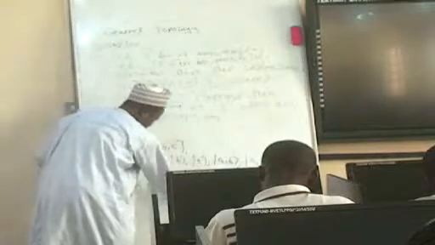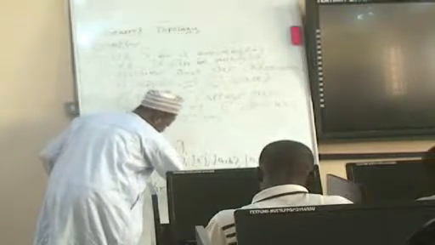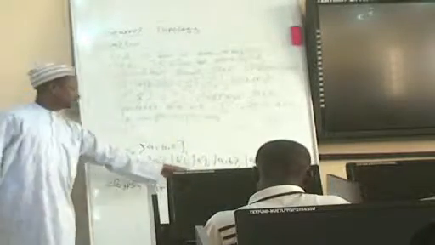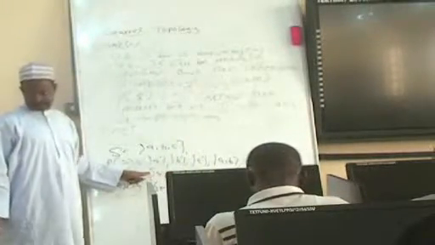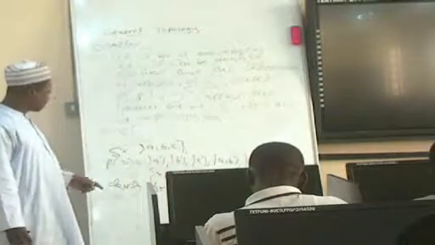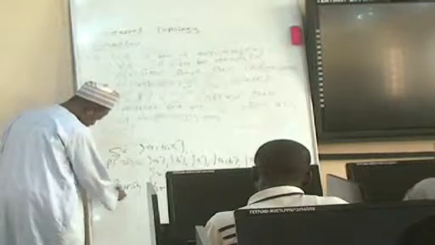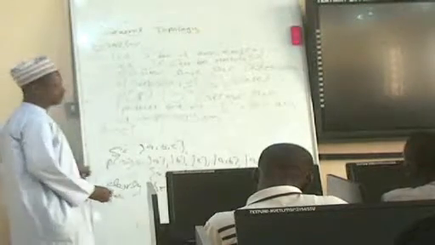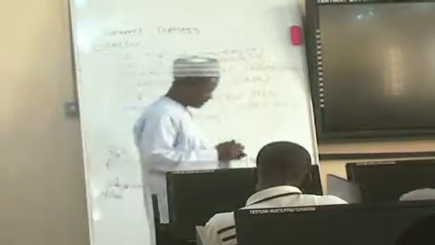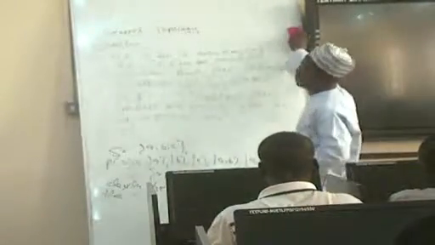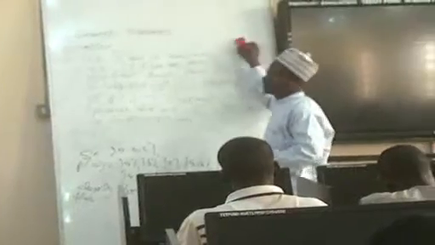And S, which is also A, B, C, is also in P of S, isn't it? What of the union?